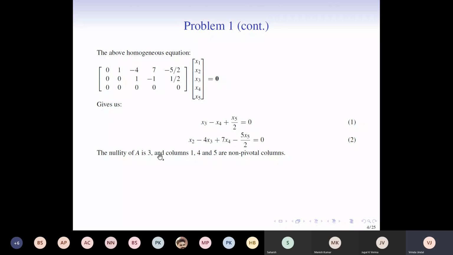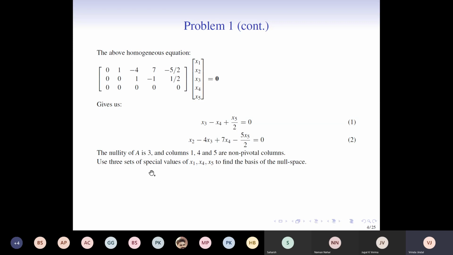So the nullity of A is 3 here, and the non-pivotal columns, that is column 1, column 4 and column 5, the variables that correspond to these columns in this homogeneous equation are free variables.